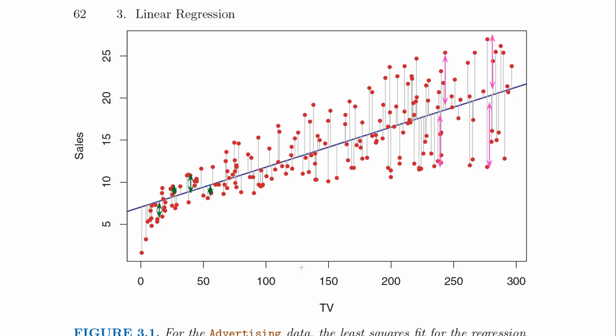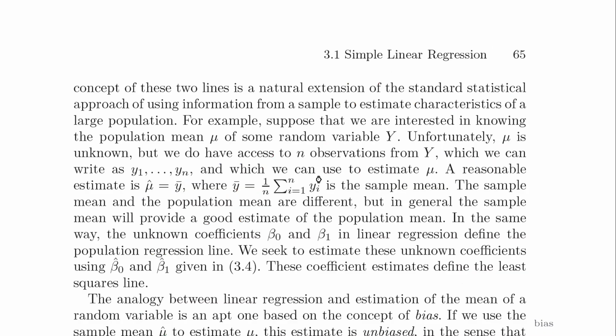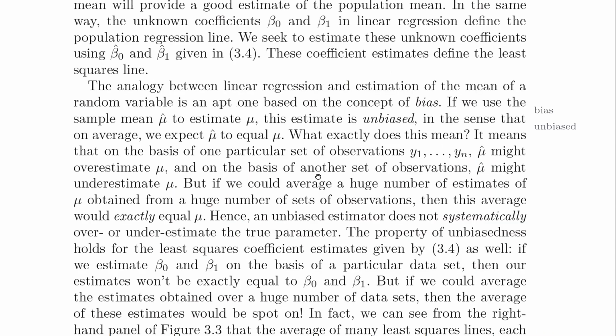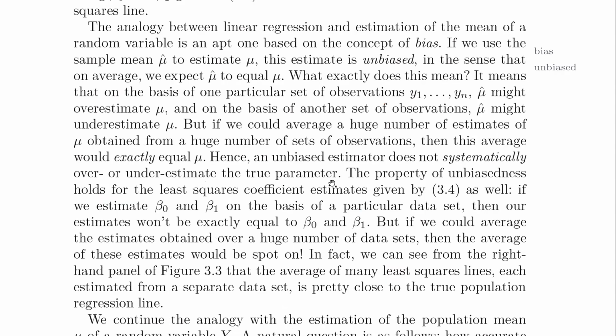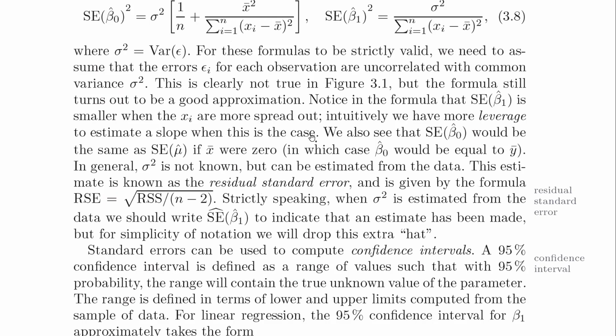Let's see how the book worded it. Next page, right? The error of each observation, epsilon I. Don't muddle it up with EI.